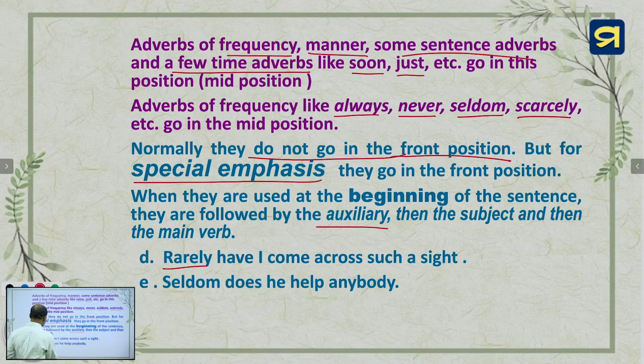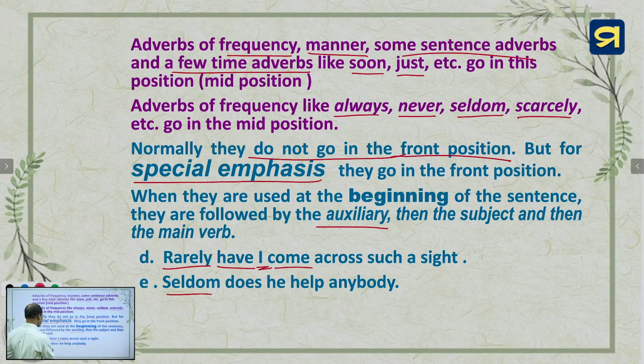So, rarely, as you know, is an adverb of frequency. Okay? So, you will see that there is have, and then comes the subject, then comes the main verb. So, this is called the inversion of subject and verb.